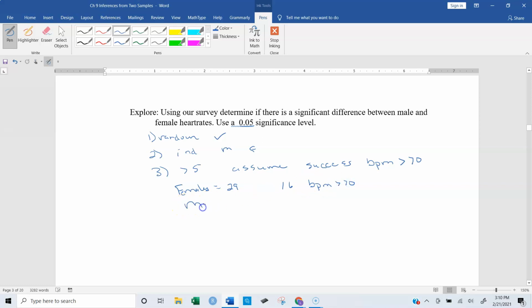And my males, there were 24 of you, and out of the 24, I had 18 that had beats per minute greater than 70. All right, I hope that helps you. Okay, now pause and do your steps 1 through 8. This here is just the requirements. And since these were both bigger than 5, we can check and we can do our project. All right, pause and go.